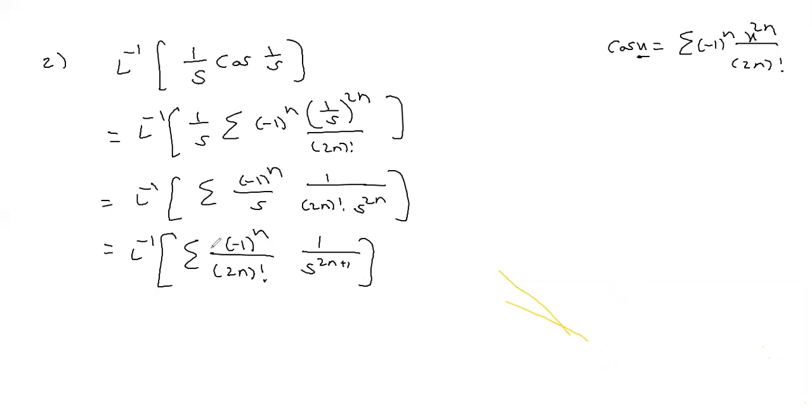And we know L inverse is also a linear operator. What do you mean by linear operator? L inverse of sum is equal to sum of L inverse. That means I can bring this summation outside.